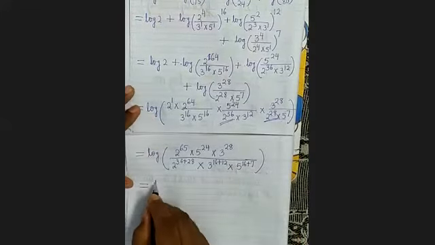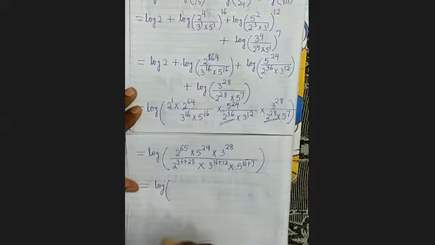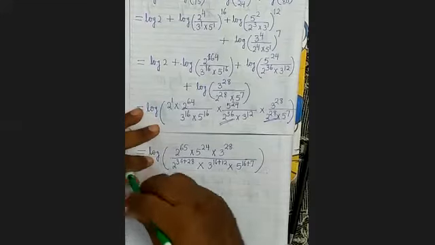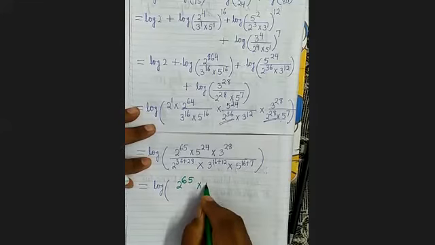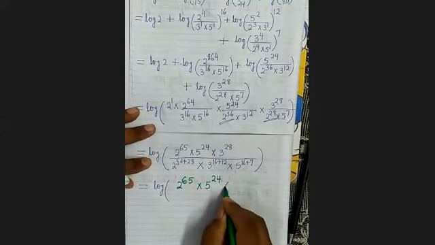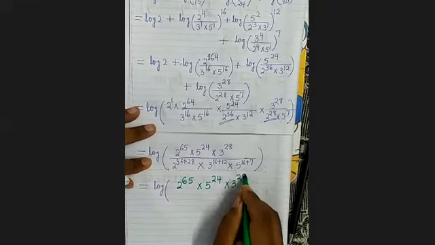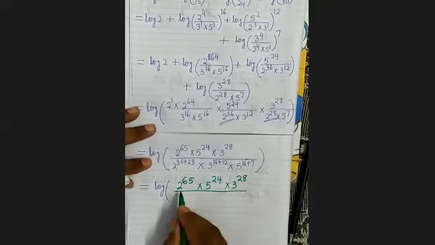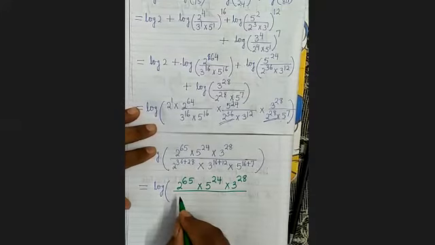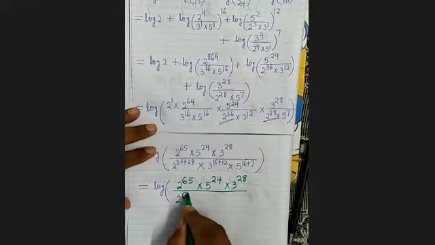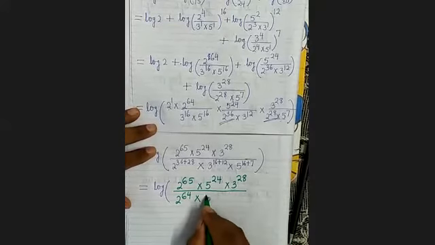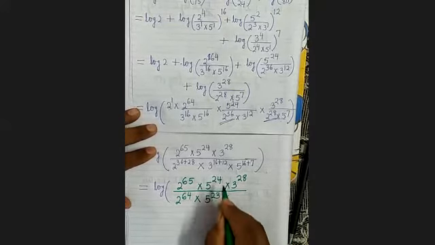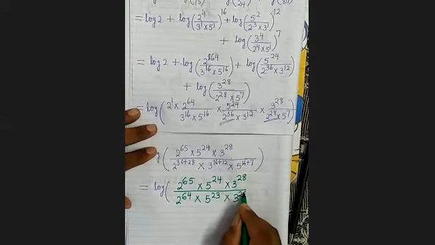Now simplify. When you simplify, you will get 2 to the power 65 into 5 to the power 24 into 3 to the power 28 upon 36 plus 28, which is 64, 2 to the power 64, 5 to the power 16 plus 7, 23, 3 to the power 28.